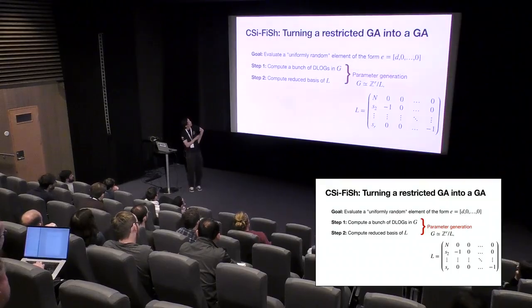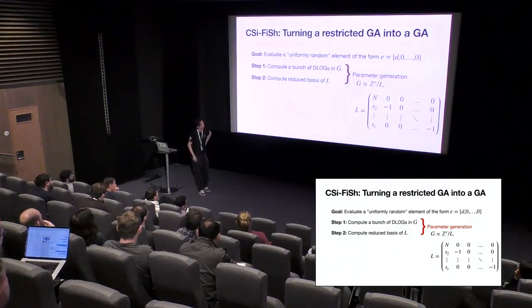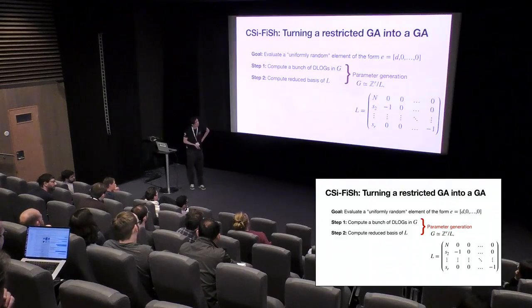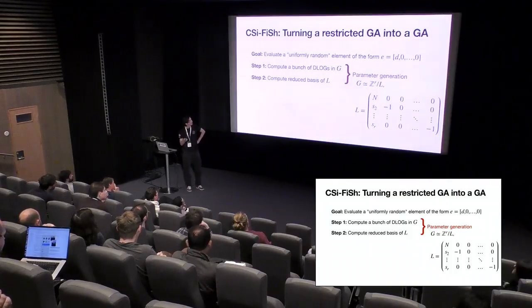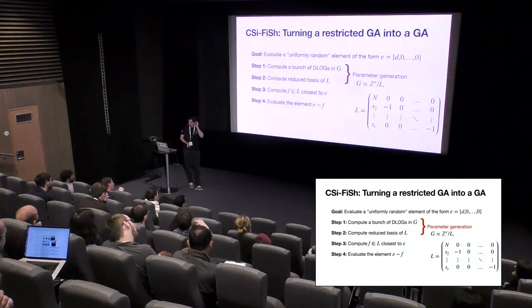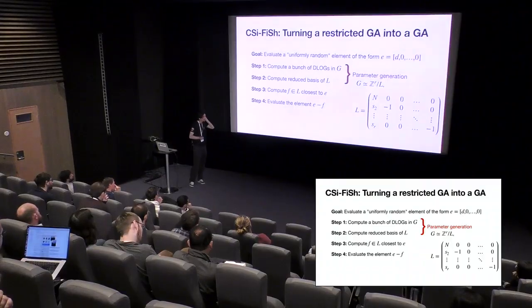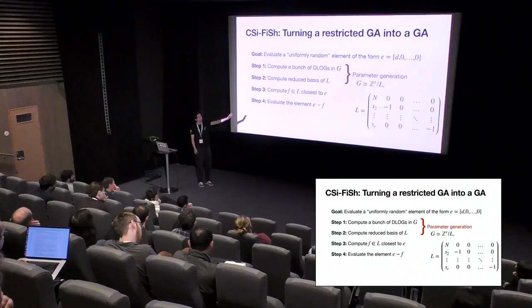And then we want to evaluate a uniformly random group element, so something that looks like (d, 0, 0, 0, 0). Of course, d can be the size of the group, so it's going to have a huge norm. But because you have computed a reduced basis of your kernel lattice, you can solve the CVP problem for this e. By definition, this f that you computed will be in the kernel lattice, which means that it acts trivially.